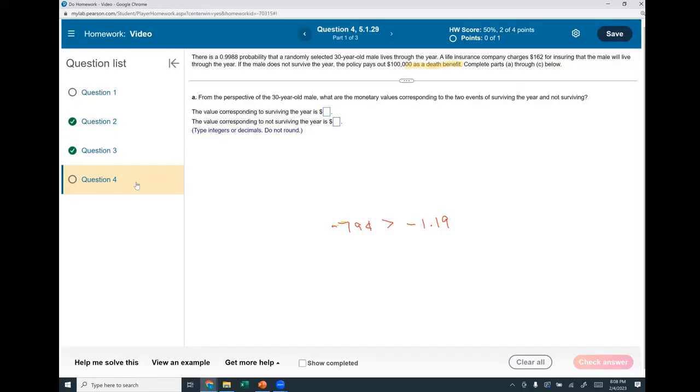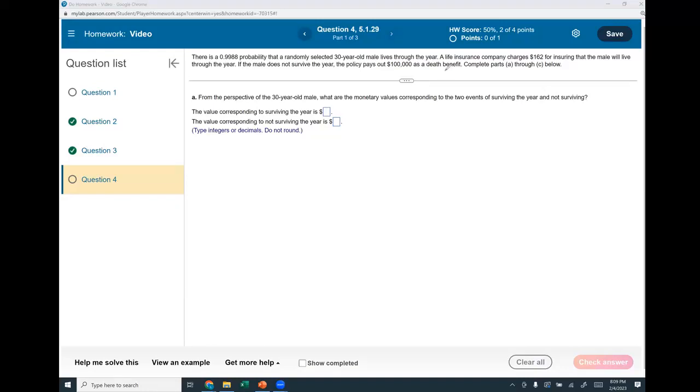And last. All right. There is a 0.9988 probability that the randomly selected 30-year-old male lives through the year. Okay, well, that's important information.